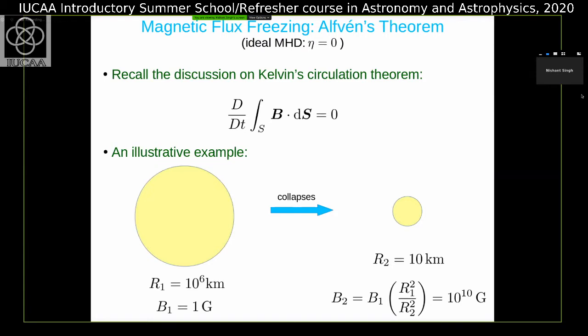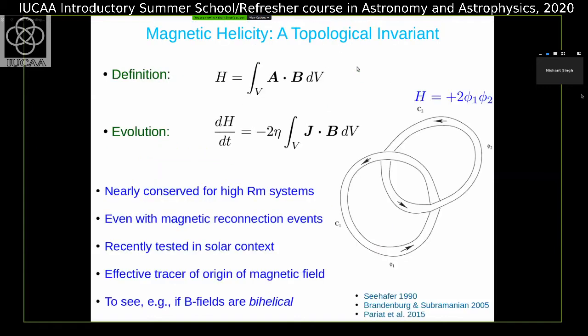When you ignored eta, or set eta equal to 0, that also meant that the magnetic configuration cannot change. If you have a field topology of some form, you can take them from one place to another, you can twist them, turn them, but this field topology remains invariant so long as eta is 0.